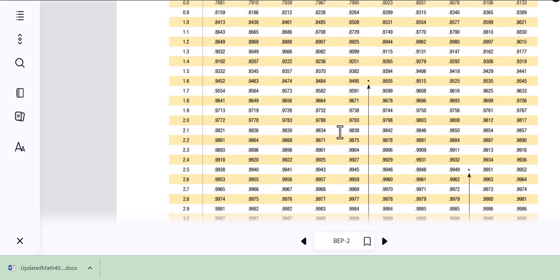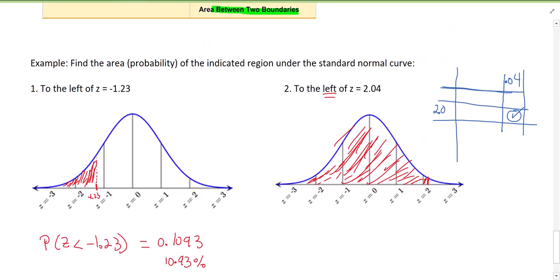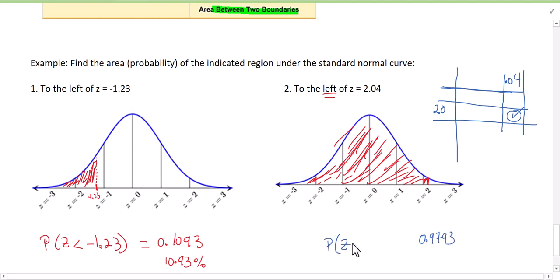So 2.04, 0.9793. Let's write that down before I forget. So the probability that z is less than 2.04 is 0.9793, which is 97.93%. Pretty high, which is what we expected based on the shading that we see.